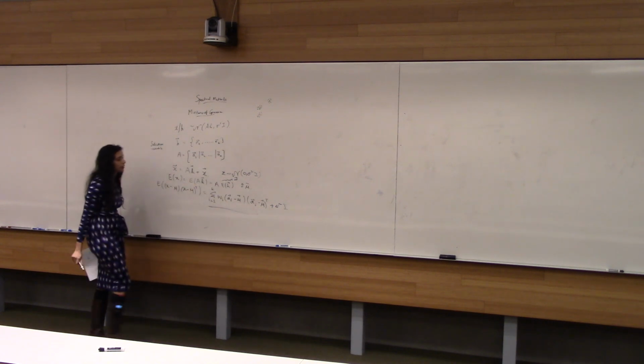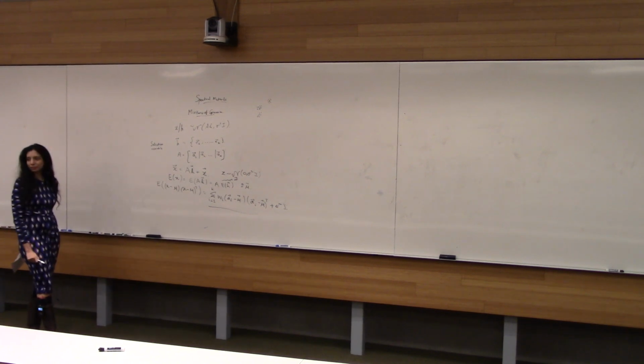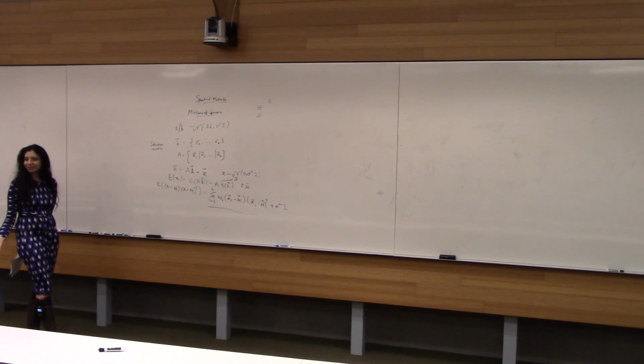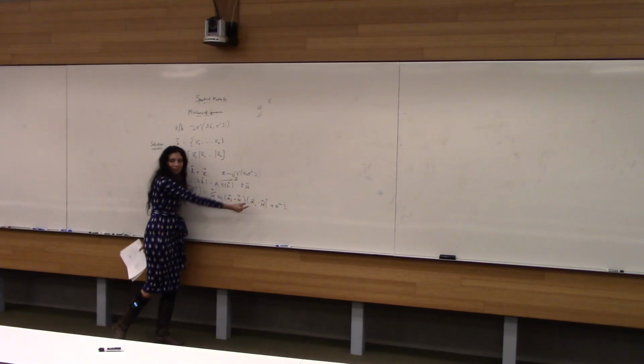What's the rank of this matrix? What is the rank of each term in the summation? It's 1, because it's just a vector times a transpose.